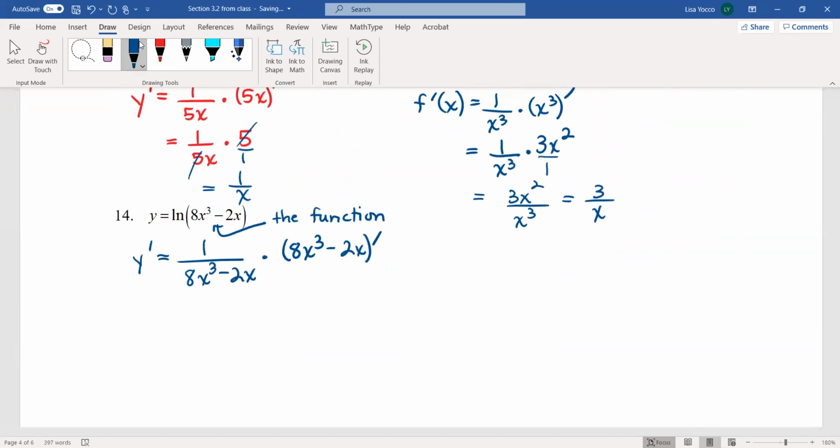And then keep going. So I've got 8x cubed minus 2x. For 8x cubed, the derivative is 3 times 8 would be 24. Subtract 1 from the power, leaves x squared. And then for minus 2x, the derivative is minus 2.